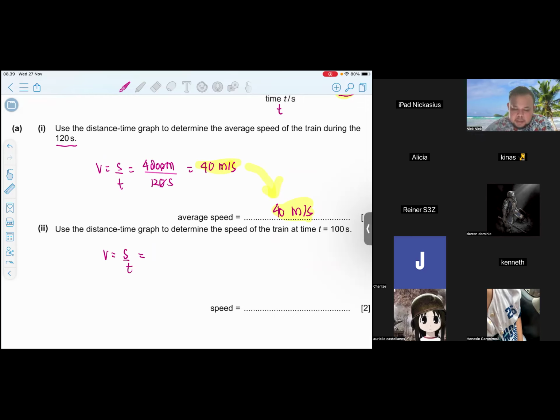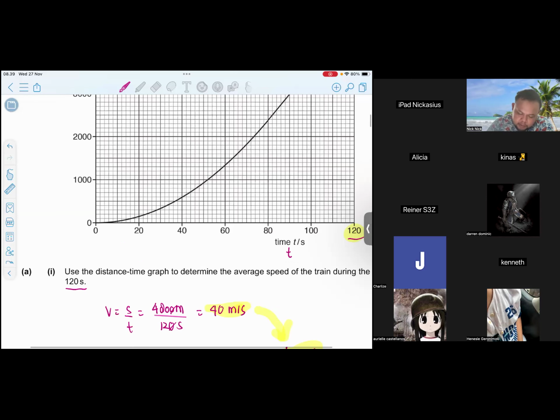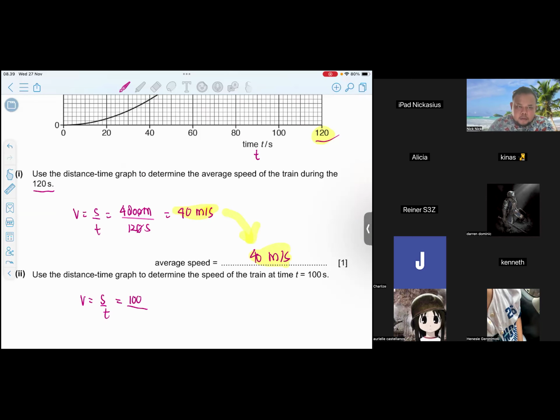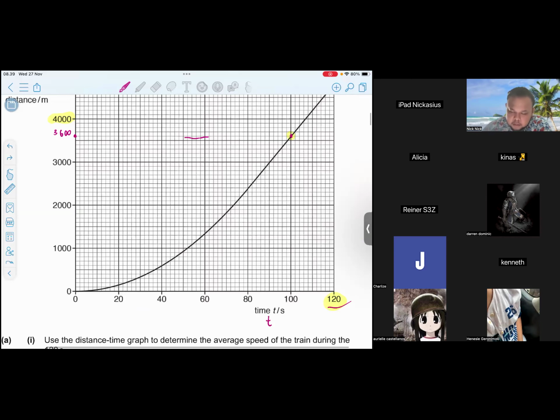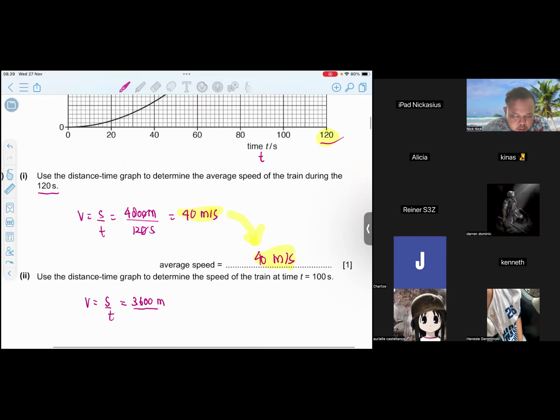So the distance is 3,600 meters, sorry guys, distracted, over 100 seconds, correct? The gradient of any part determines the speed of the train at the time 100.